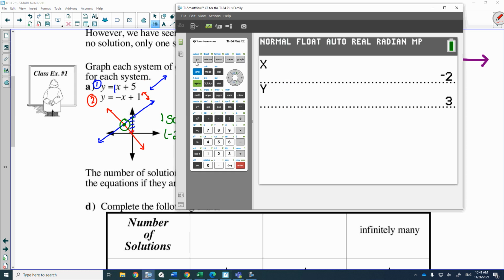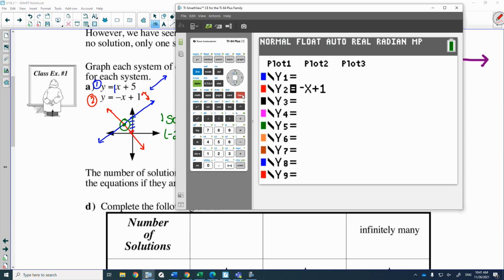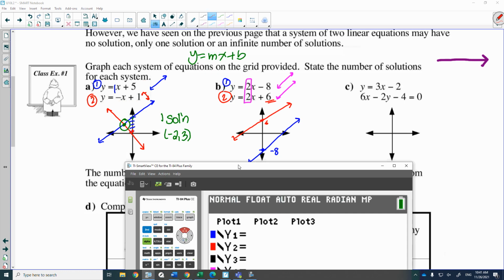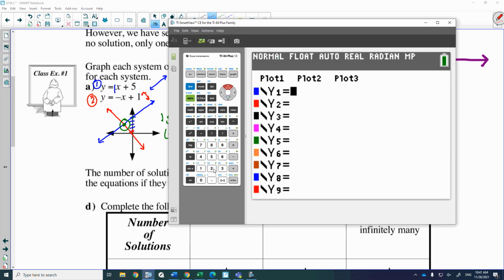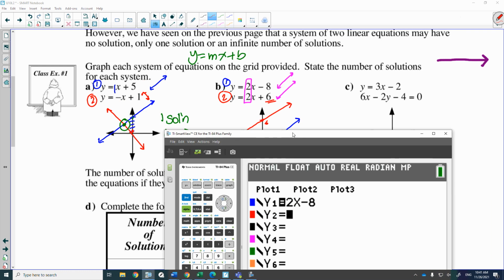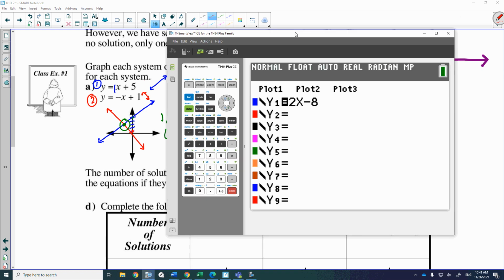So let's go to y1, and we would type in 2x minus 8. Let's go to y2, and we would type in 2x plus 6.